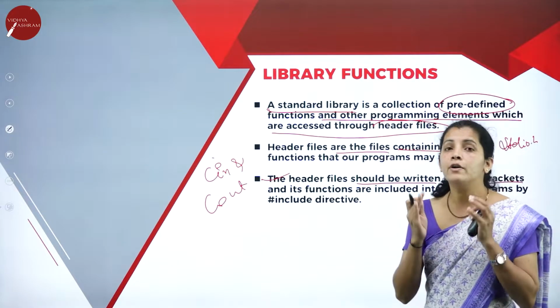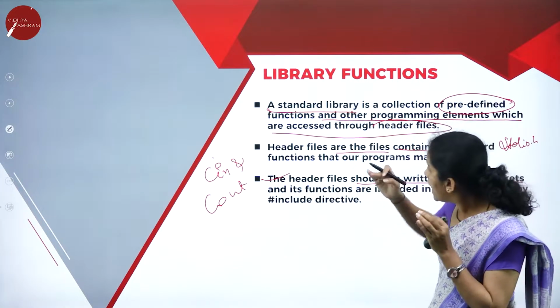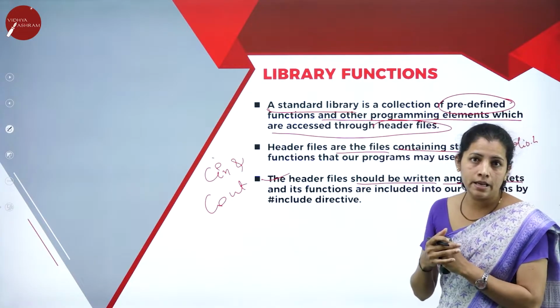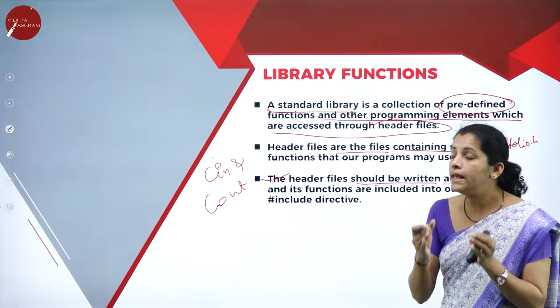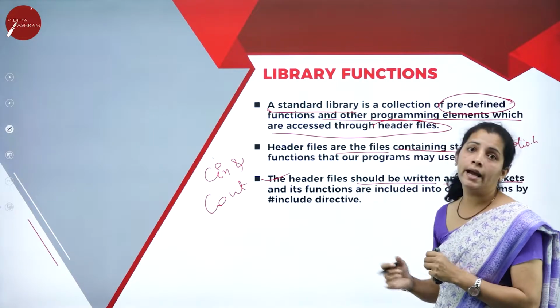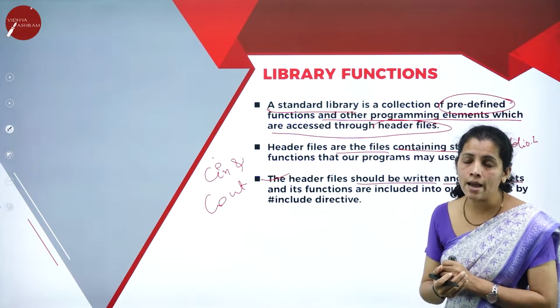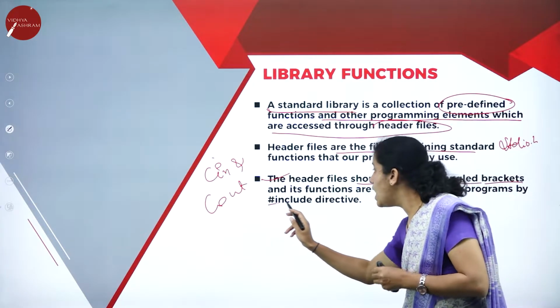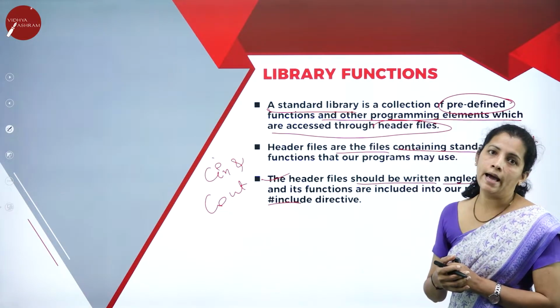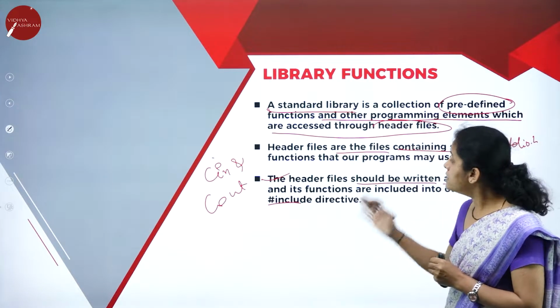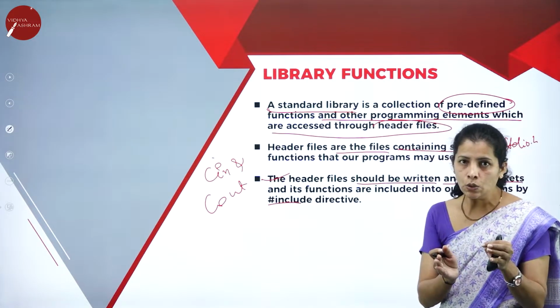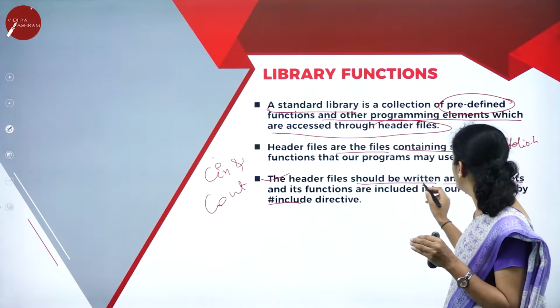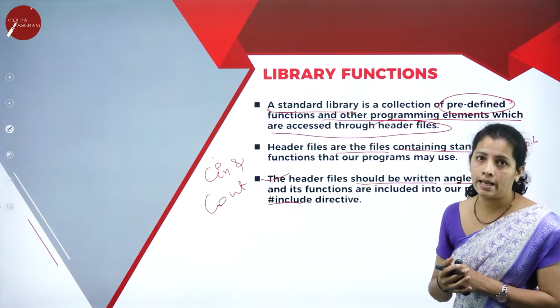The header files should be written in angled brackets. That means if I want to use any standard library in my program, then I want to include the header files in my program. And how am I going to include them? With the help of the hash include directive. First I need to write #include, and use the angled brackets.